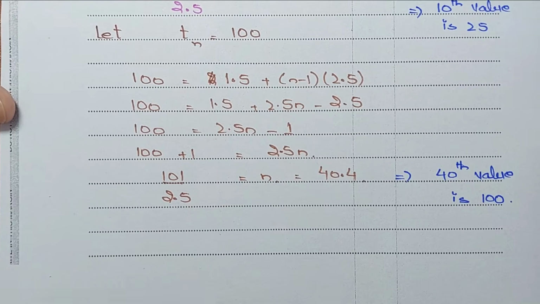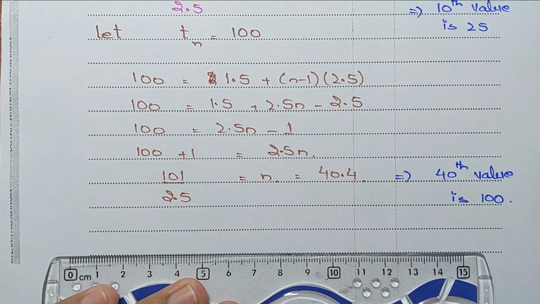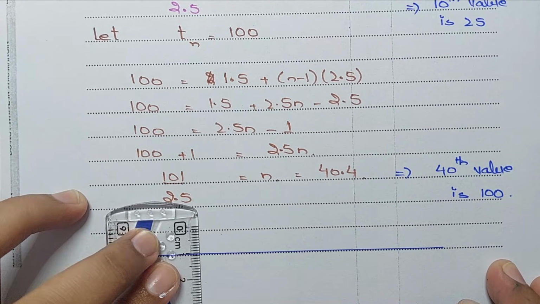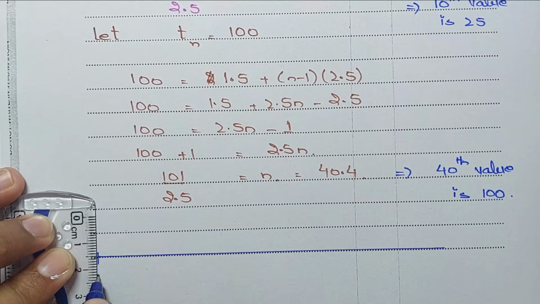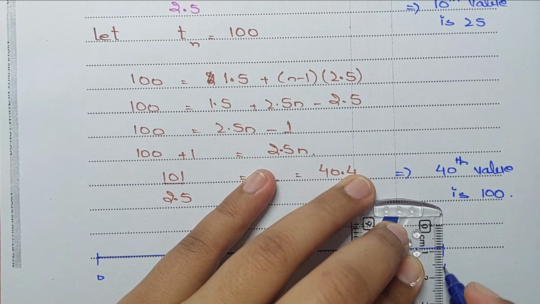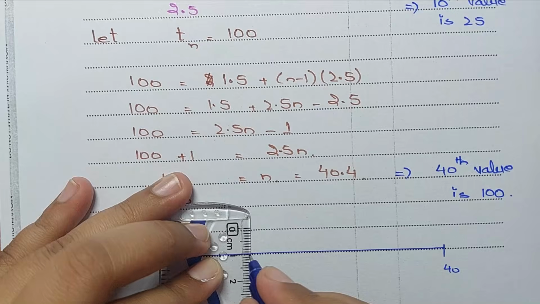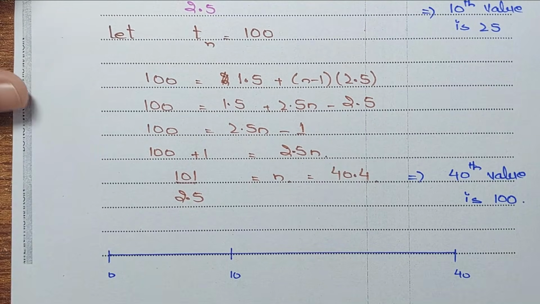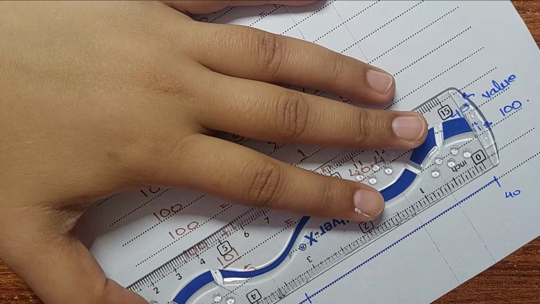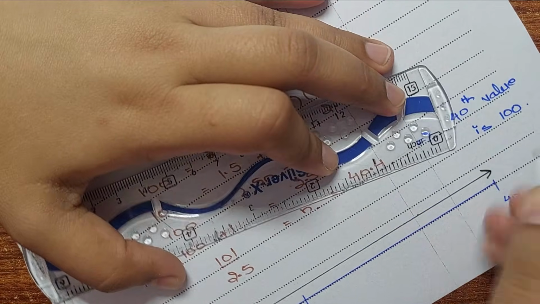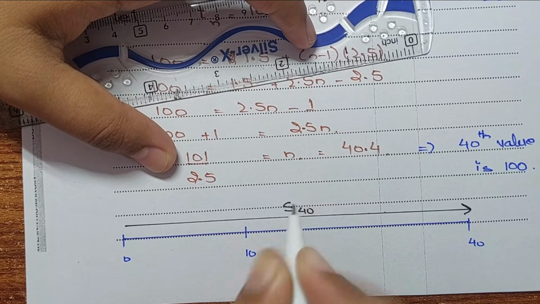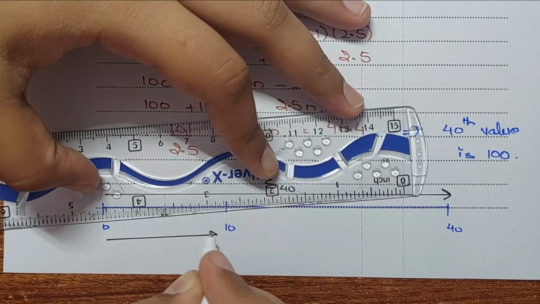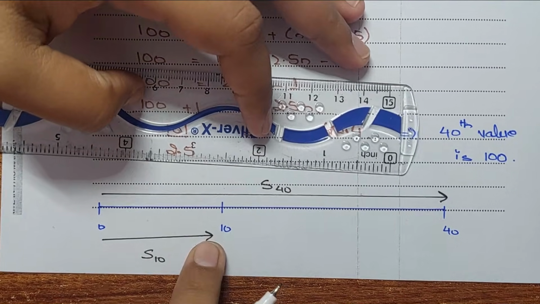Okay, so I will show you how I'm going to do that. Here we have a line from 0 till 40, and here we have, let's say, 10. This whole thing is S40, the sum of the first 40 terms, and this part is S10, the sum of the first 10 terms.